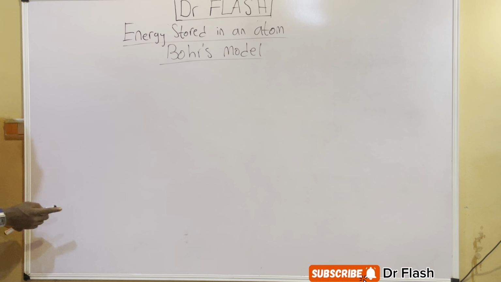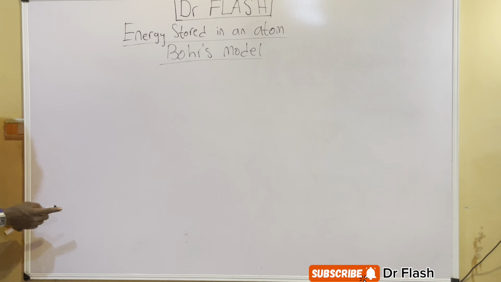Let's call this equation 1. And then we also said the angular momentum, mvr, is equal to n times Planck's constant divided by 2 pi. These are the two useful equations we started with in deriving those other equations.